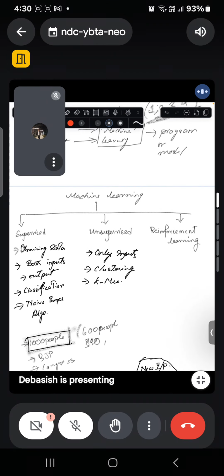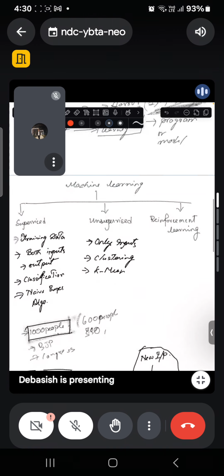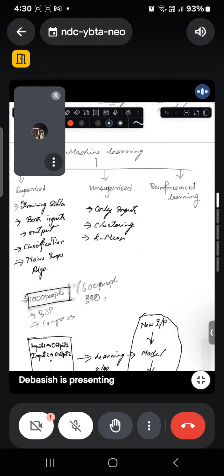Let's say Koi Mil Gaya, or PK, you can consider any example. So if you are new to the earth, how will you differentiate between any animal and a human?